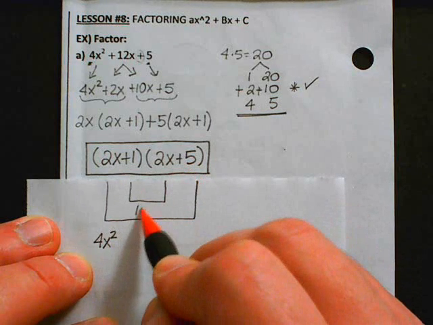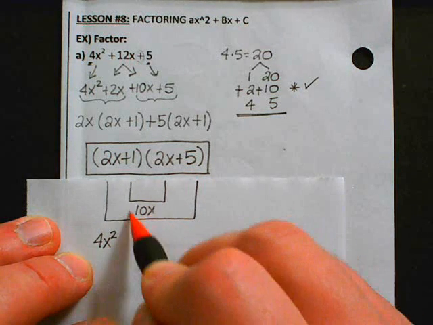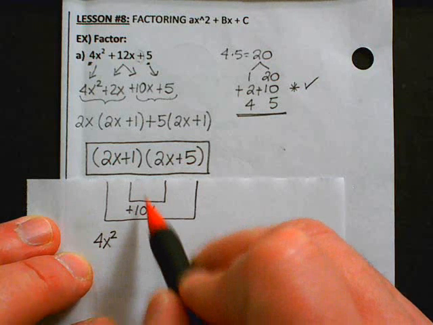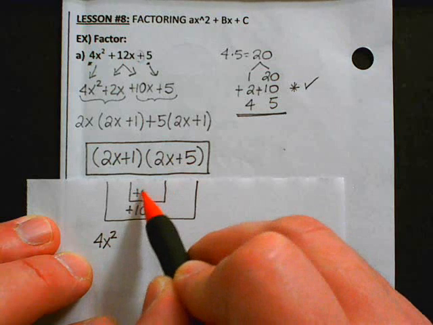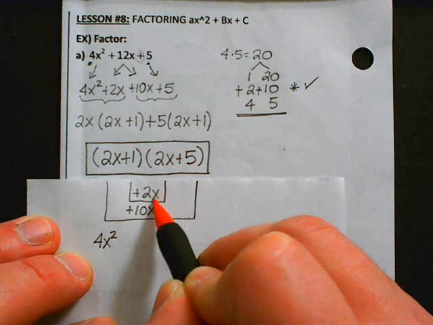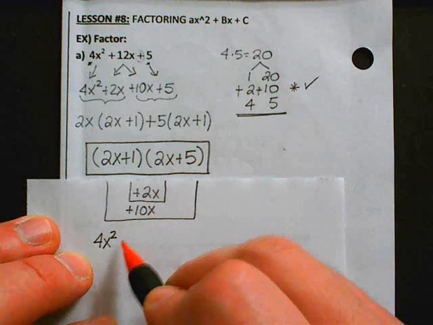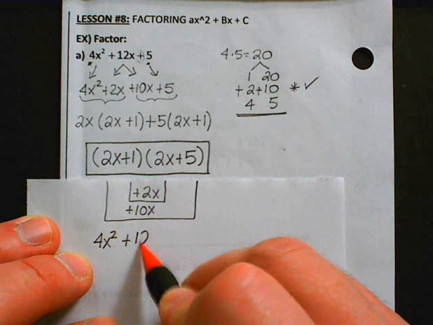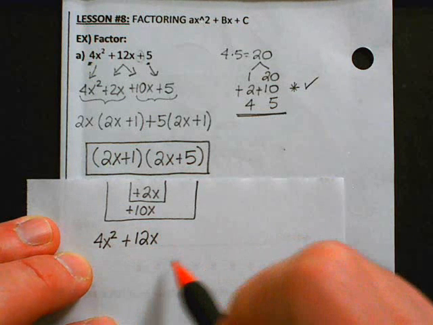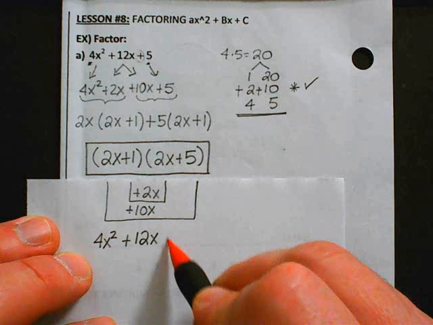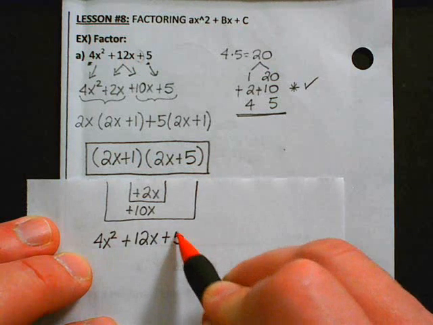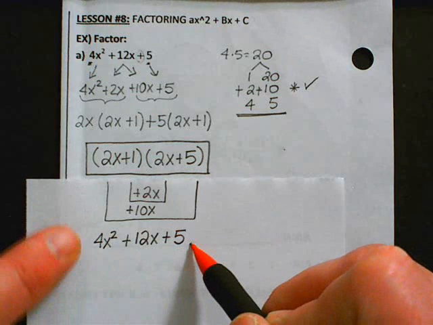The outside times the outside gives you the outer number here, positive 10x. The inside times the inside gives you the inner number here. And 2x plus 10x equals 12x. And now I'm going to do last times last. So last times last is positive 5.